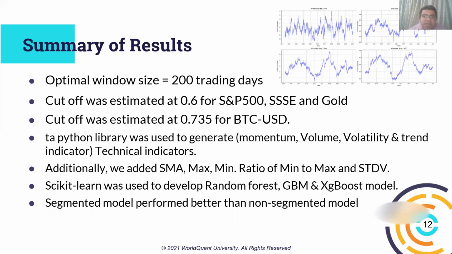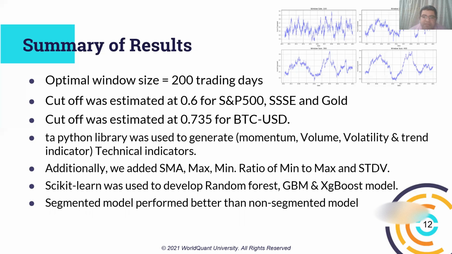The summary of the results: we have downloaded the data for the S&P 500, SSE Composite index, SPDR Gold Shares, and Bitcoin. Data were downloaded from Yahoo Finance from January 2011 till the end of December 2020.